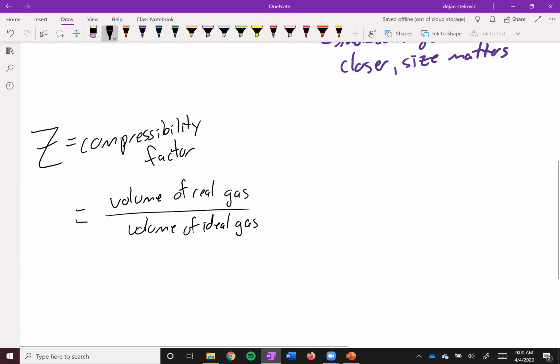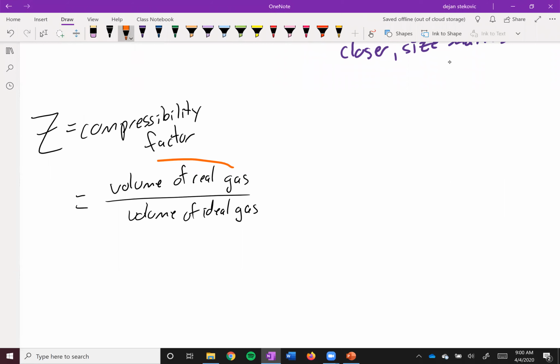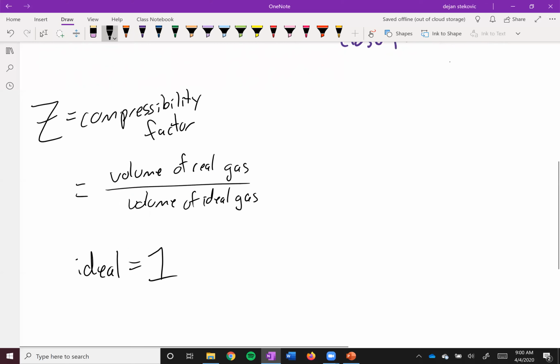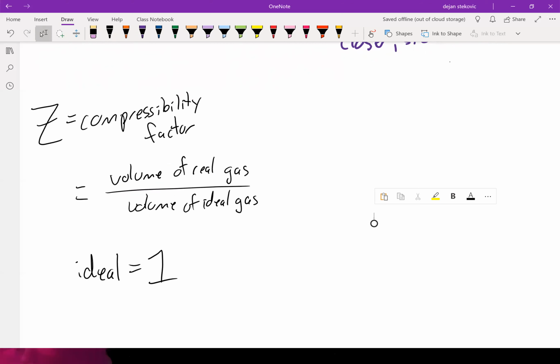So you're taking what the volume really is and dividing it by what it should be if it was ideal. And if your gas is behaving ideally, then you'll get a value of 1. The further you are away from 1, the less ideal your gas is behaving.